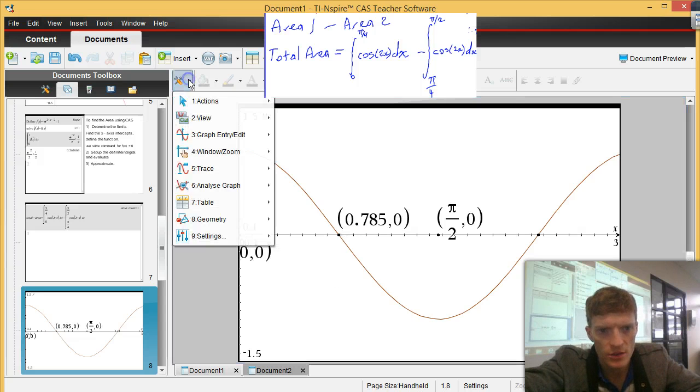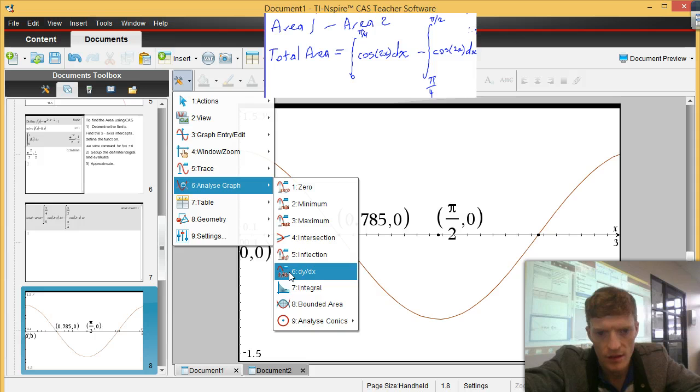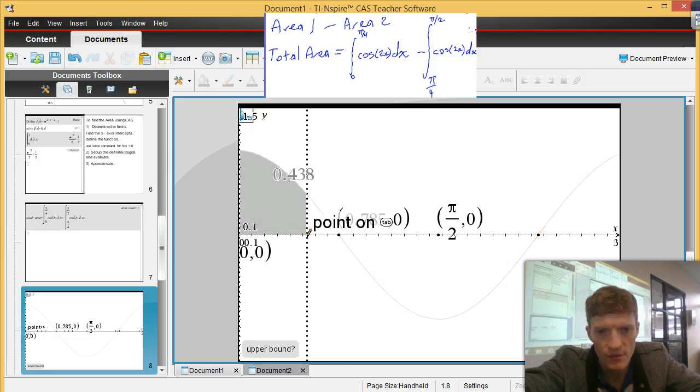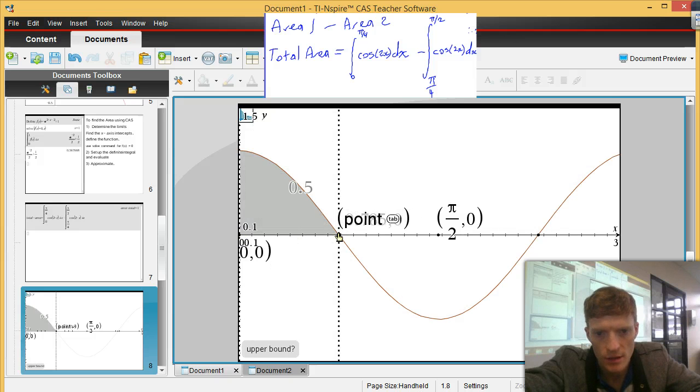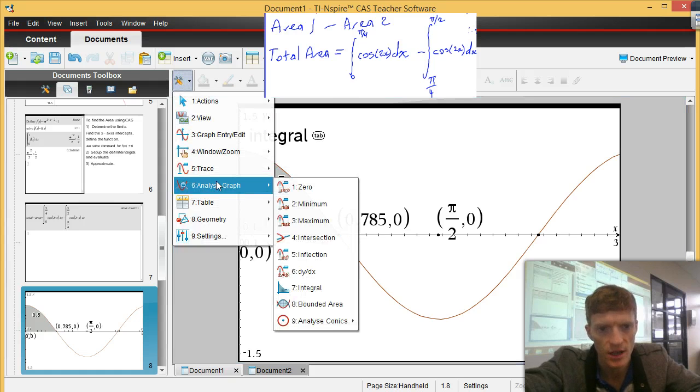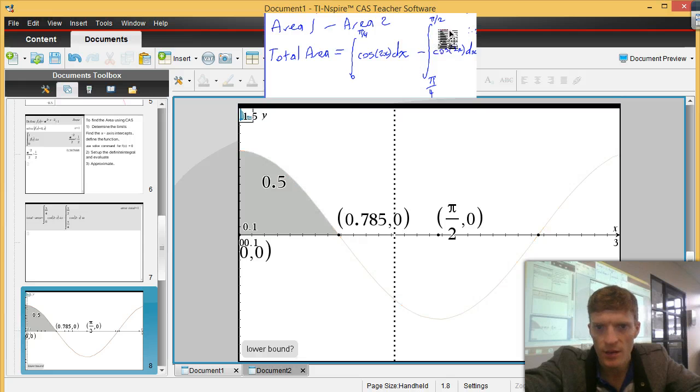Now I'm going to do that again, Analyze Graph, to get my integral, and this time I'm going to do it from 0 up to pi on 4, and I get an area of 0.5. So far so good. And then I have to do it a second time, Analyze Graph, integral, but now I'm going from pi on 4 up to pi on 2 of the function.